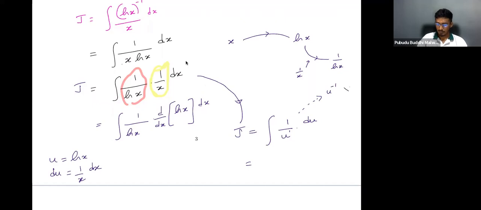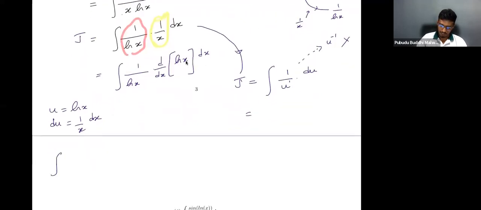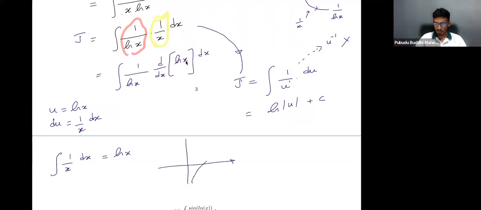Can't apply power rule of integration for this. But we can use natural log integration because we know that the antiderivative of 1 over x equals to natural log of x. Hence here, natural log of u plus c. We put that absolute value because natural log defined only for positive values. Like this.